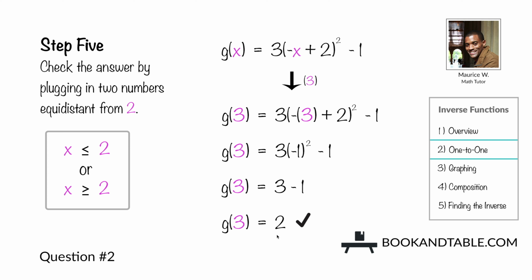And 3 minus 1 is 2. So since g of 1 and g of 3 produce the same output value, that confirms that the answer to question number 2 is x is less than or equal to 2 or x is greater than or equal to 2. So that is the answer to question number 2.